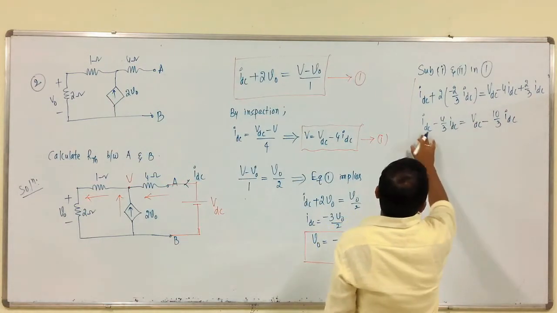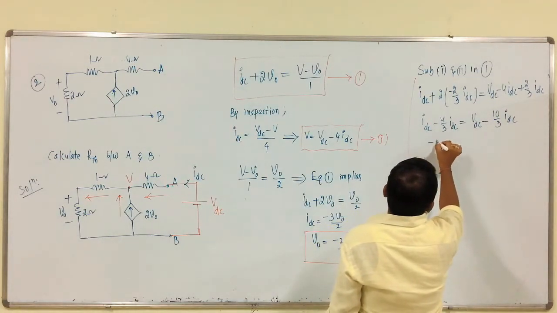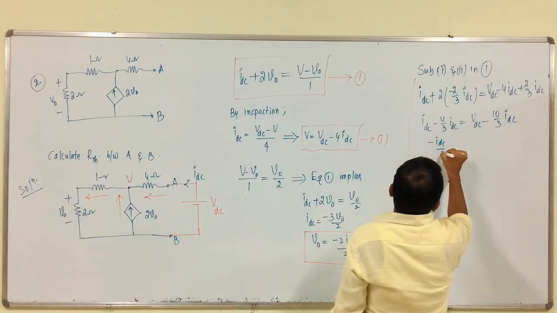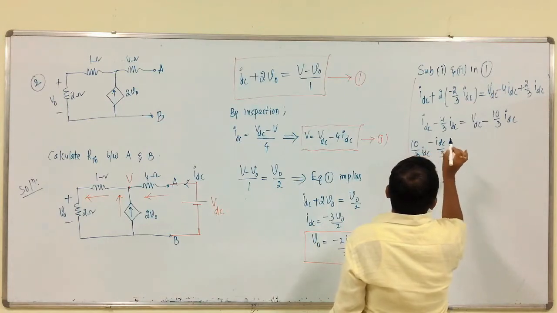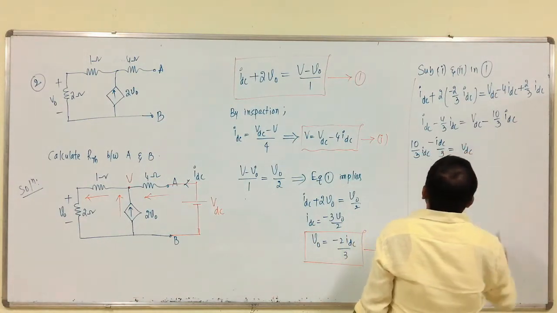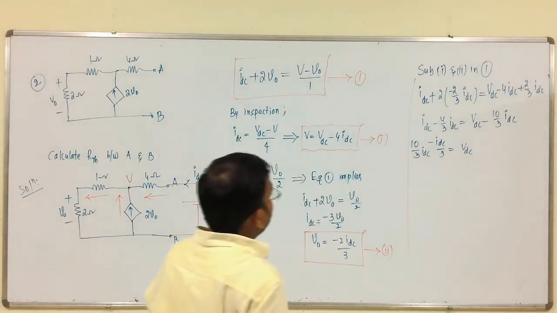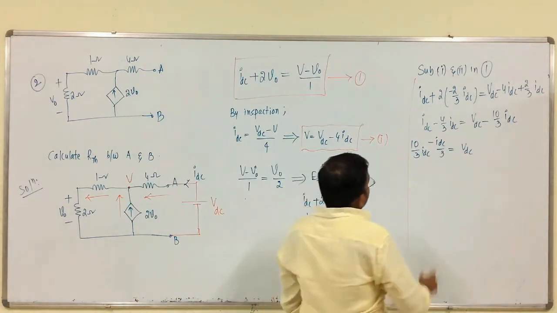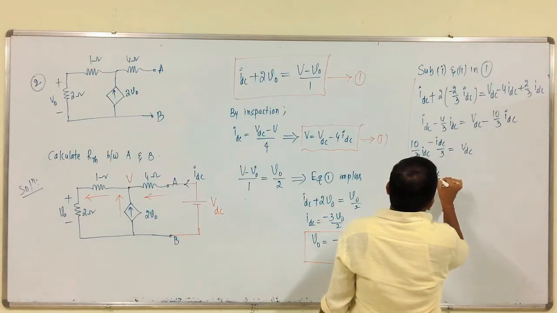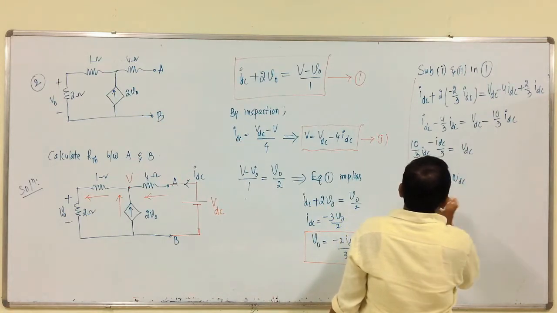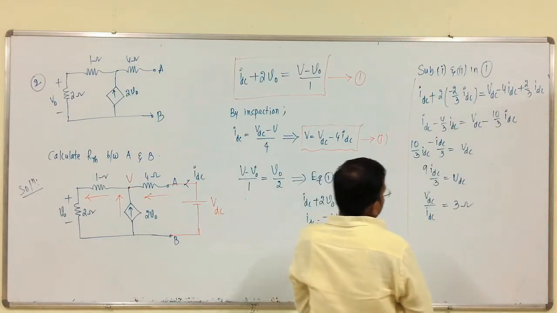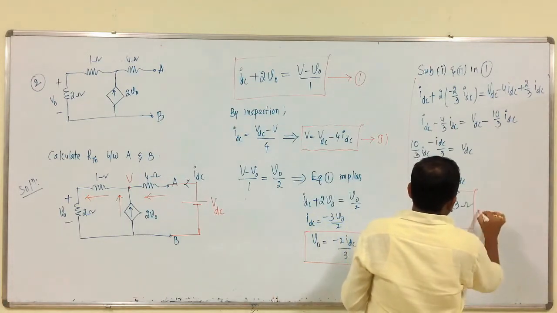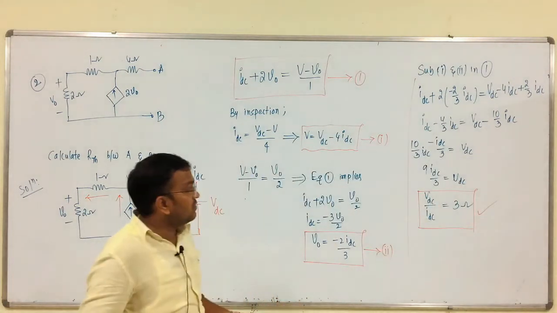From this, minus 9 IDC by 3 is equal to minus VDC. So, 9 IDC by 3 is nothing but VDC. So, from this VDC by IDC is equal to 3 ohms, 9 by 3. So, this is the Thevenin's resistance of this circuit.